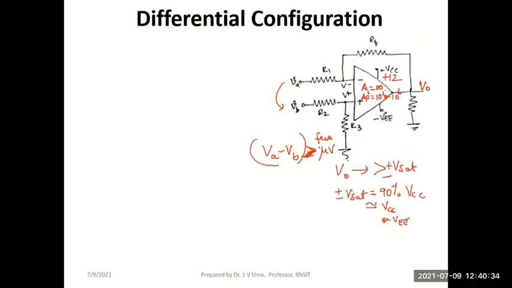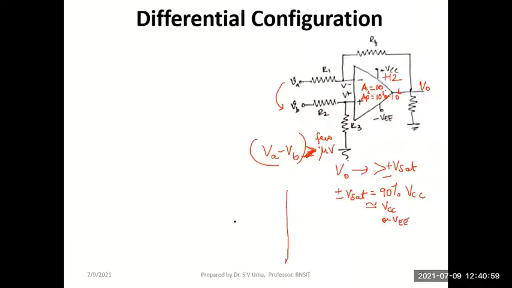And if I give minus 12, the lowest output will be minus VSAT, which will be around minus 11 or minus 11.5, so on. So please remember, the op-amp, when it is used without any negative feedback, will not give you an output voltage that will change according to the input.